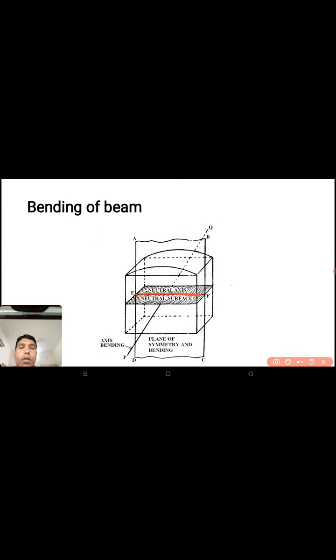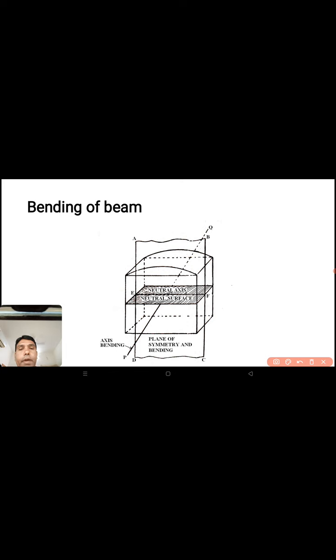The plane perpendicular to this neutral axis is called the neutral surface, the area which covers the neutral axis.